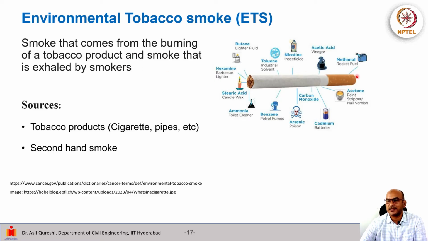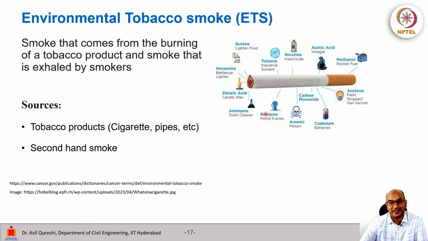Now if you see a cigarette, it has so many components. We have methanol, which actually is also fuel. Then we have acetic acid, which is also in vinegar. Nicotine is there. Then toluene, which is actually a hazardous industrial solvent. We have butane, which is lighter fluid. Hexamine, stearic acid. Then we have ammonia.